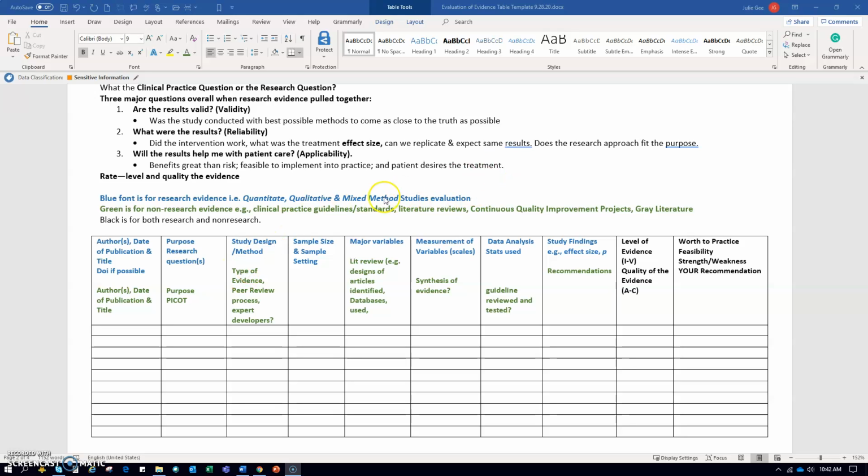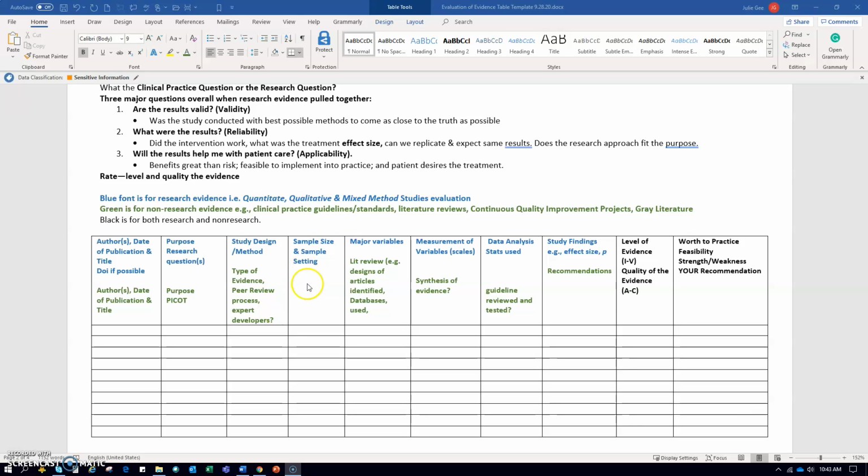But we really need to make sure the research fits the purpose of whatever the research study was about. So here we want to look at the study design or method. With the non-research here, you can look at type of evidence. Was there a peer review process? Were there expert developers? Things like that. They need to explain the processes and how they got to what the end result was or their recommendation.